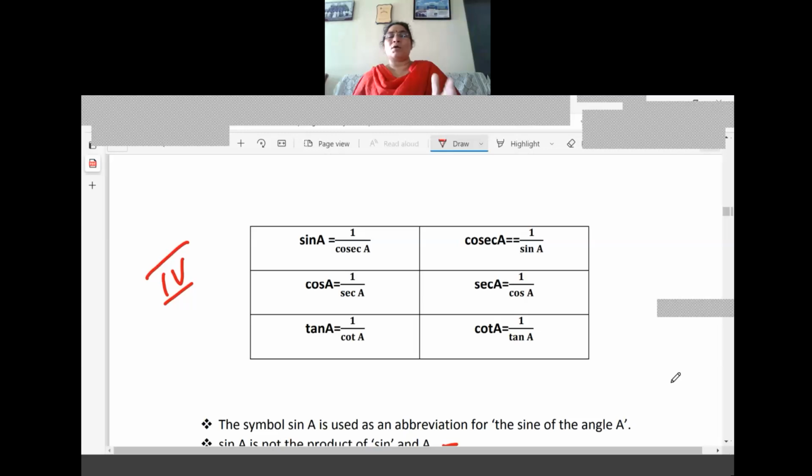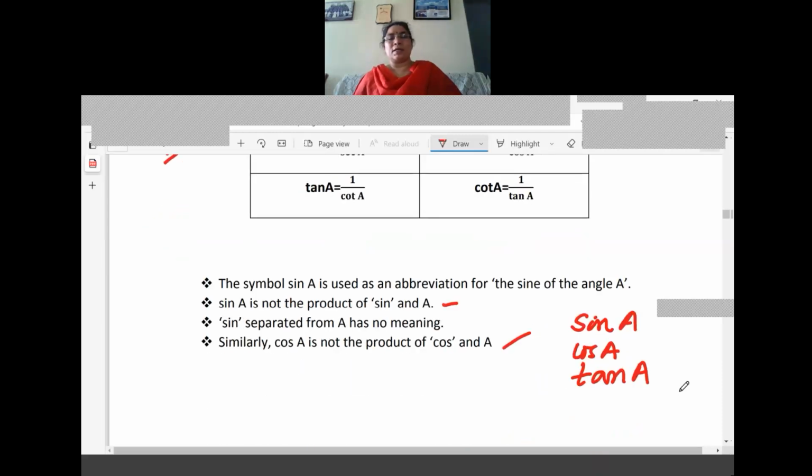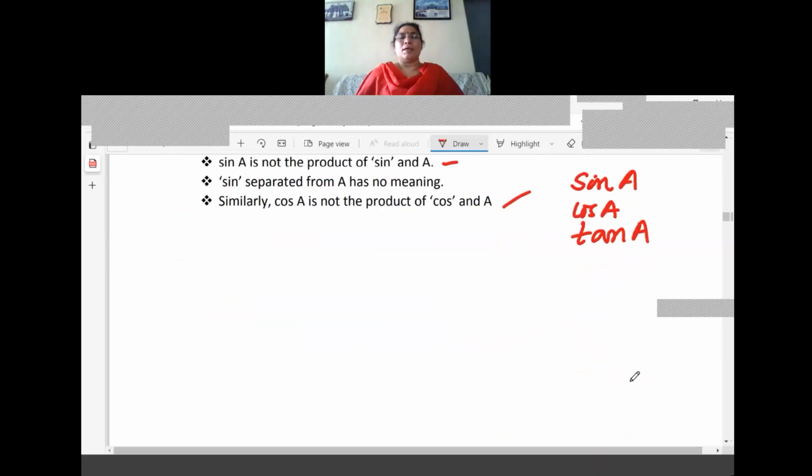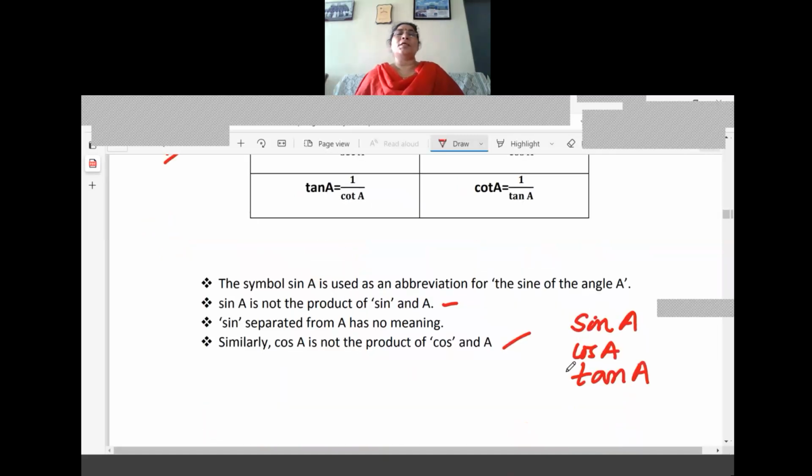First learn sine, cos, tan. Then the other side, cosec, sec, cot. So cosec, sec, cot are the reciprocals of sine, cos, tan. I think all the six ratios you have learned thoroughly. So learn the formulas thoroughly, then only it will be easy for you.